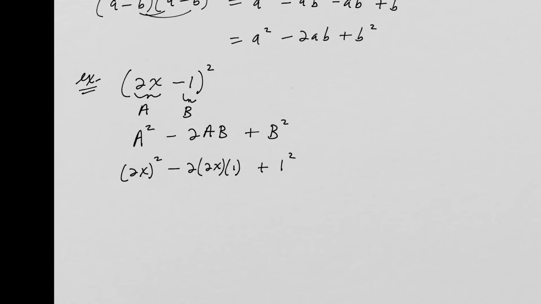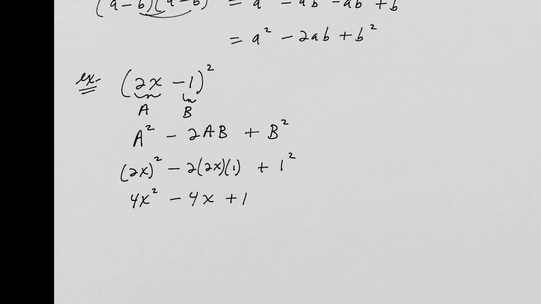So (2x) squared is going to be 4x squared, right? 2 times 2, x times x. Negative 2 times 2x times 1 is negative 4, and I still have an x there. And then what's 1 squared? Well, that's just 1 times 1, so that's equal to 1. And that would be it. So 4x squared minus 4x plus 1.